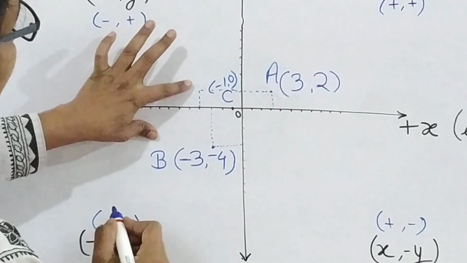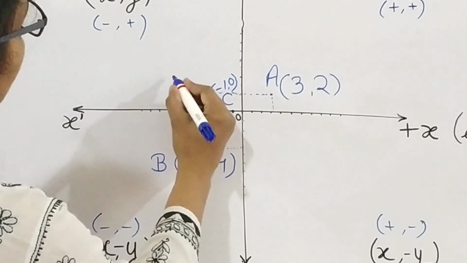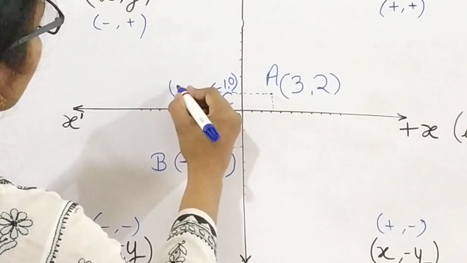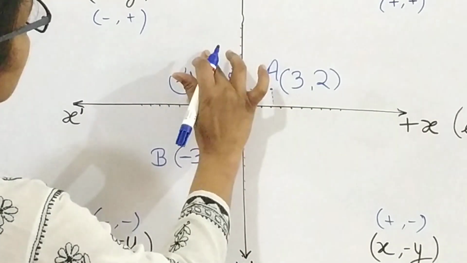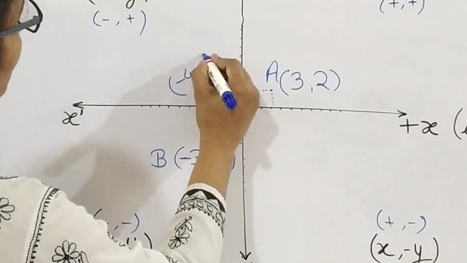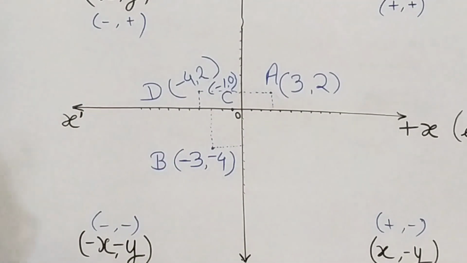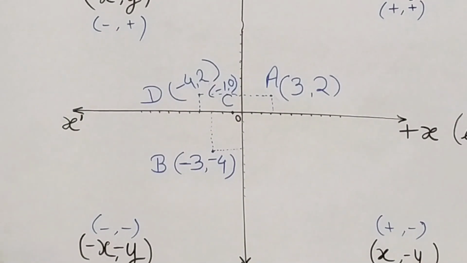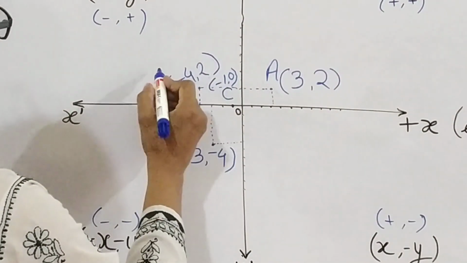So this point is E, and we will write (-4, 2). Sorry, it is point E.